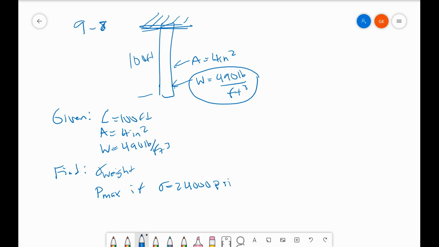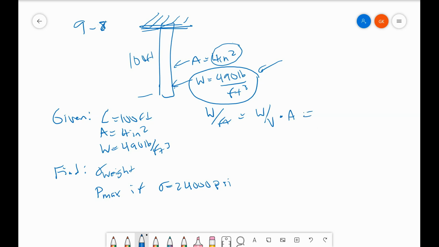What would be the best way to do this? Well, we have the cross-sectional area right here. We can multiply this value by the area to get the weight per foot. So let's try that. We'll make this thing called weight per foot, and it's equal to the weight per volume times the area.